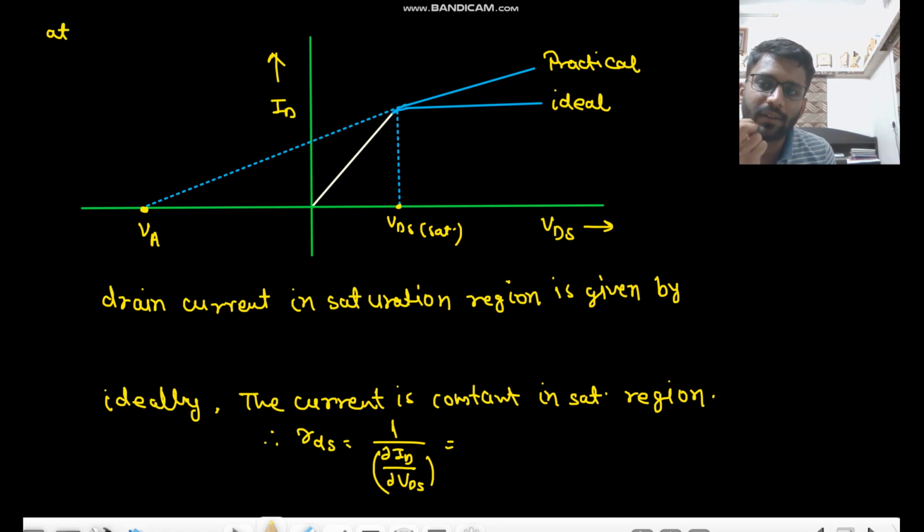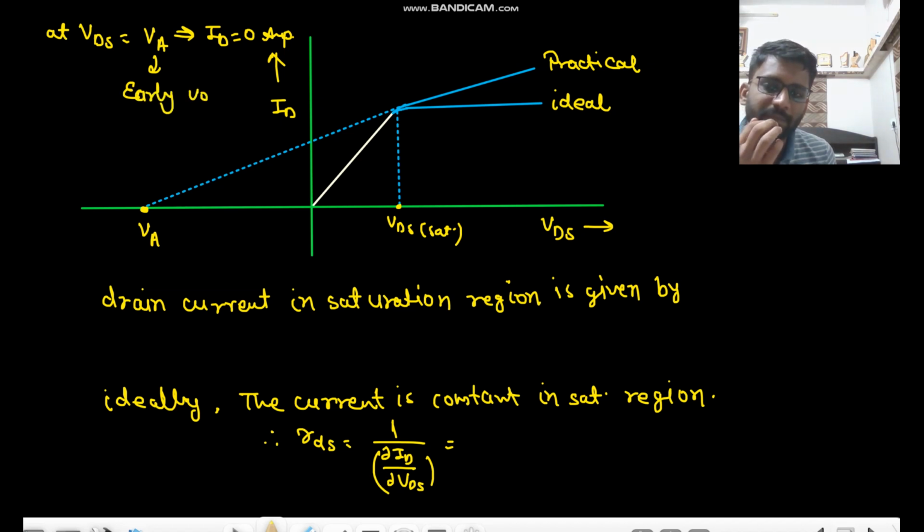So at VDS equals VA, the current ID is 0 ampere, and this VA is known as early voltage. In case of NMOS, that negative value of VDS where the current becomes 0, that is known as early voltage. You may write it. I will say it once again. In case of NMOS, that negative value of VDS at which ID becomes 0 ampere, considering channel length modulation, is early voltage.